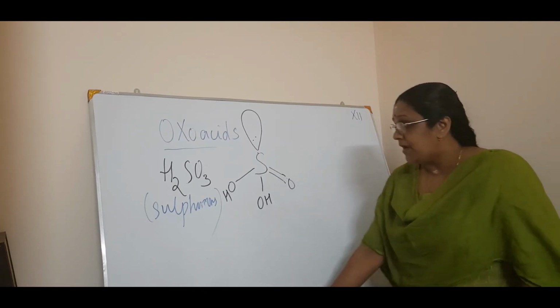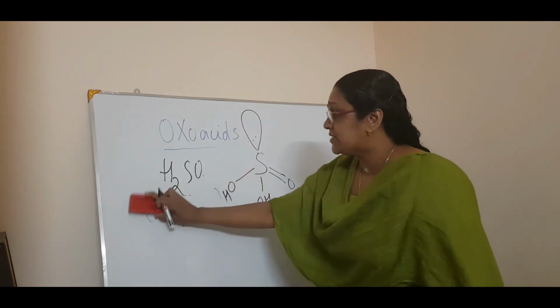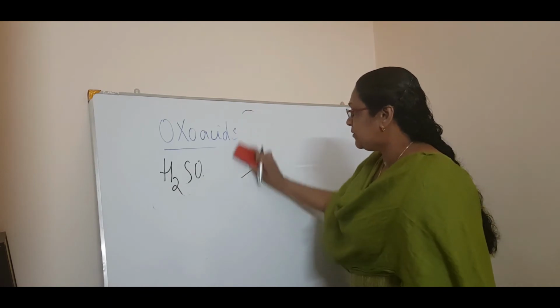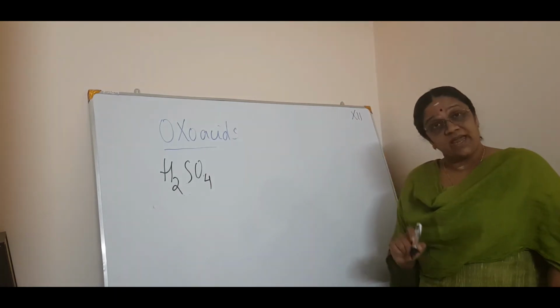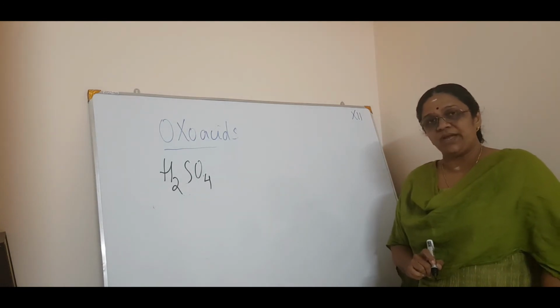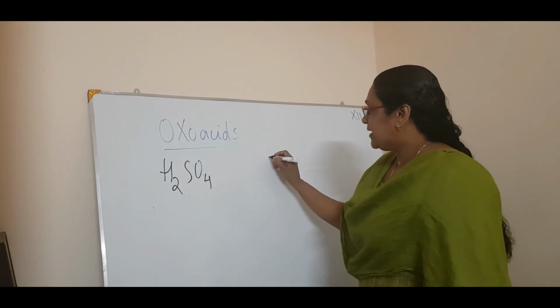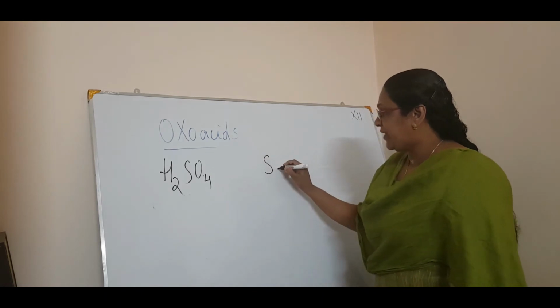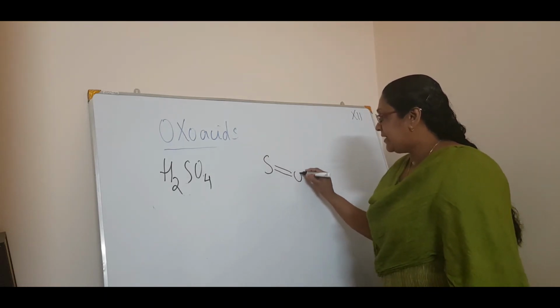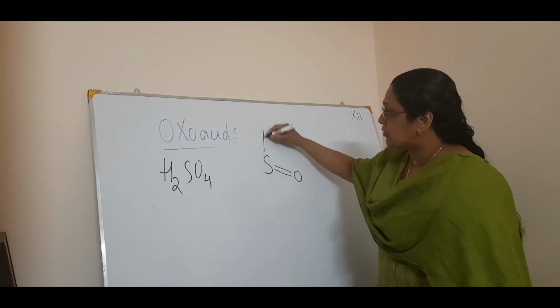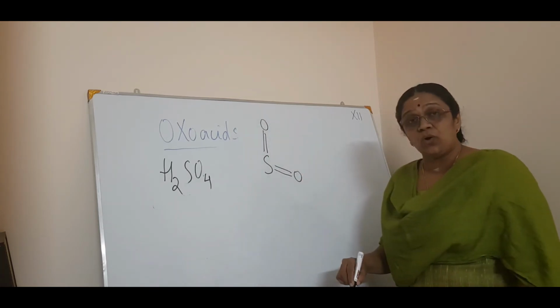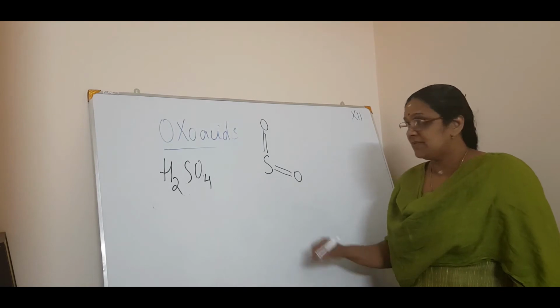Understood? Now you will go for H2SO4. You know it is sulfuric acid. So how will it go? That is sulfur, the same thing, only one difference: there is a double bond O, and instead of the lone pair, the apex will also be an oxygen.